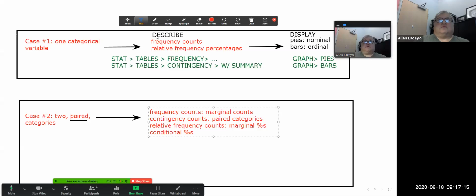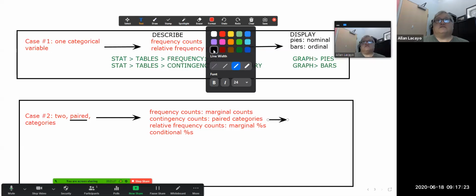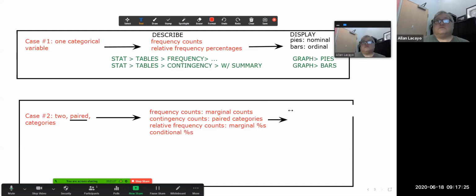And we're going to be learning how to display graphs from these. And the graphs are usually in the form of stacked bars, split bars, and multiple pies.